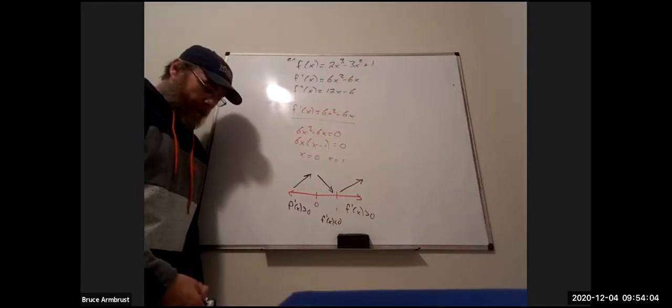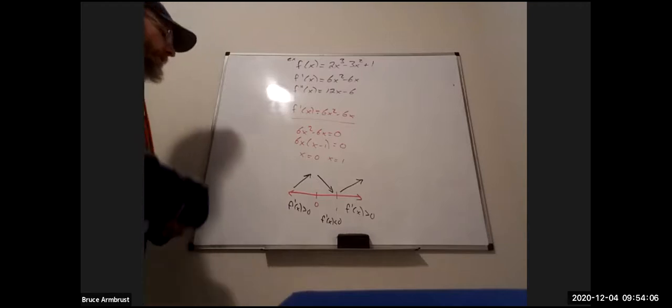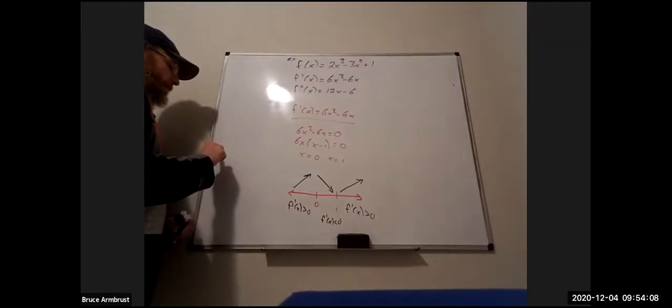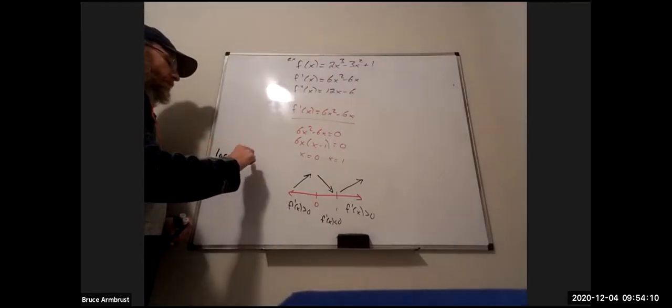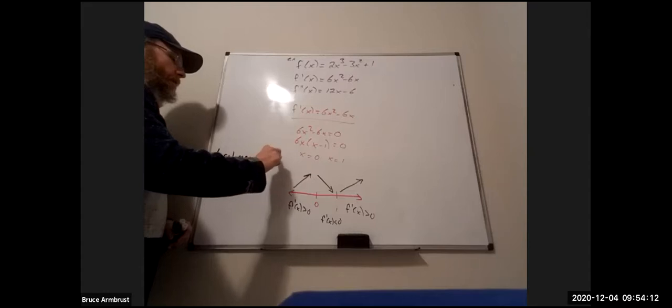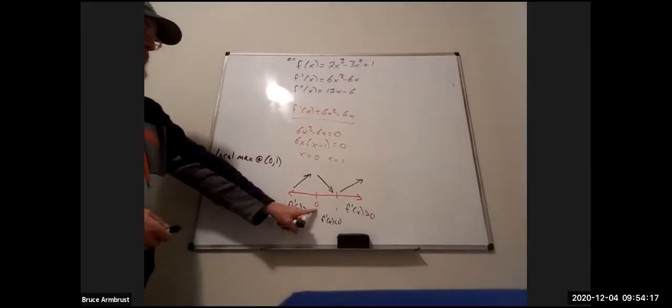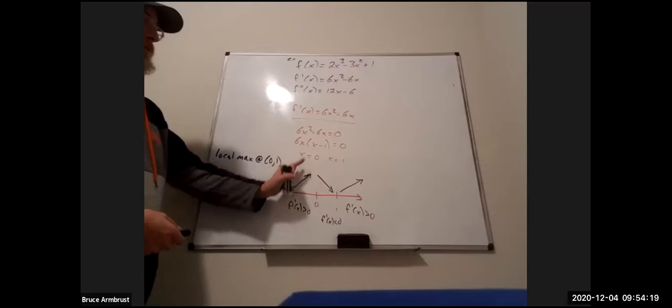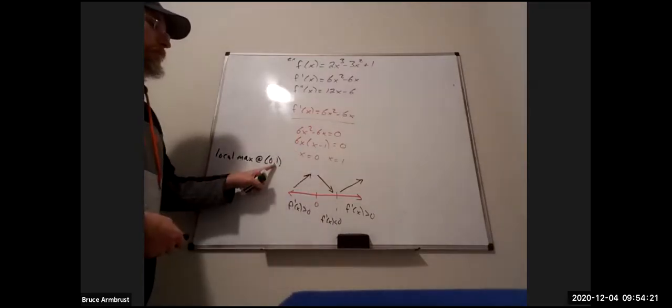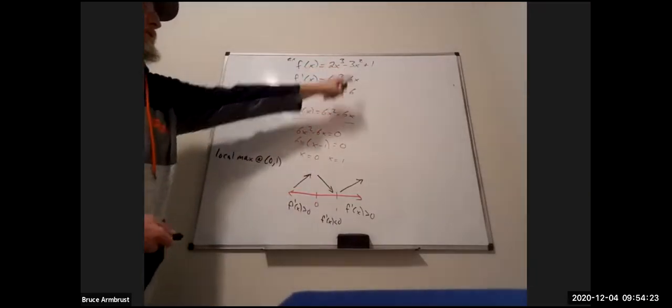So this also tells me about extrema. I know that there's going to be a max at the point (0, 1). When x is equal to 0, I'm at a maximum because I was going up and then I'm coming back down. The 1 I get from plugging 0 into the original function.